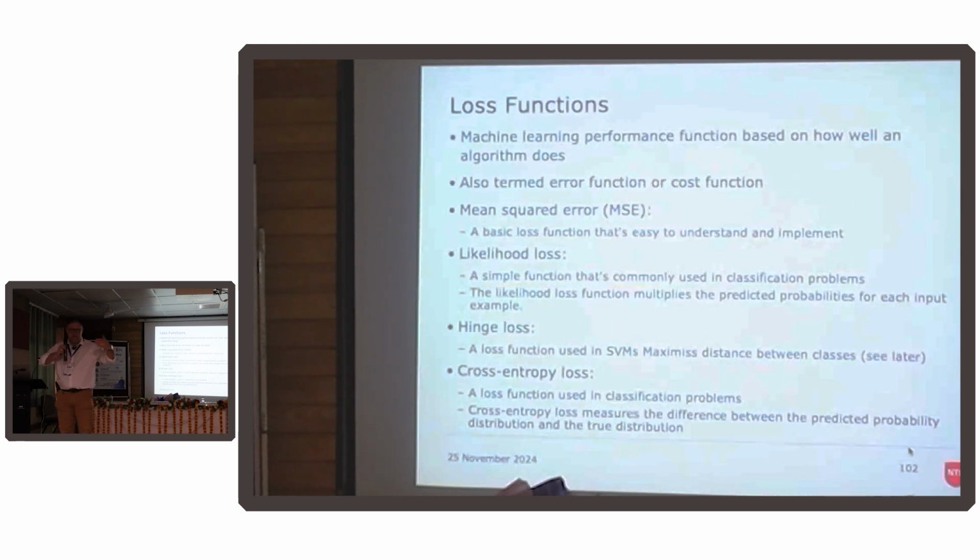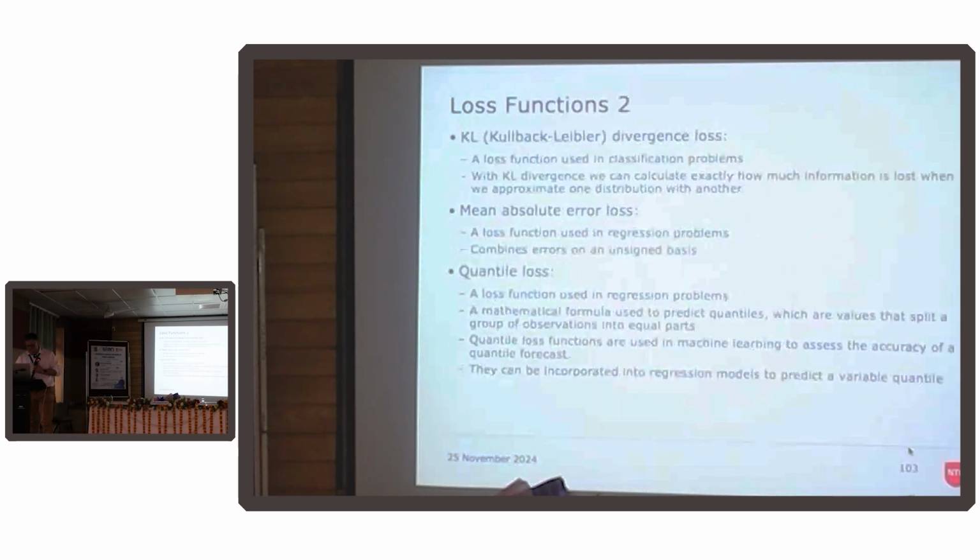So is there a shift in the distribution of the values? We have divergence loss, which is the Kullback-Leibler divergence loss function, which calculates how much information is lost when we approximate one distribution with another. So how much information is lost from the prediction to what actually happened.